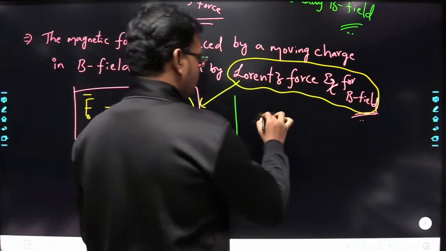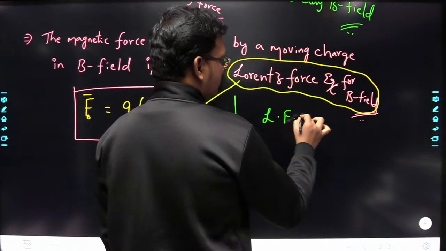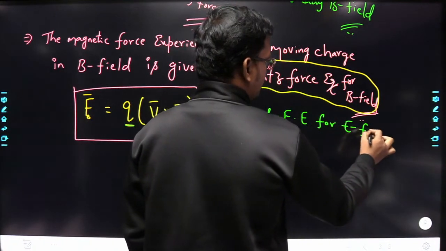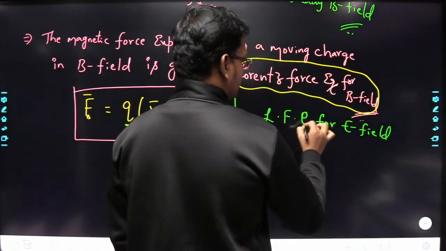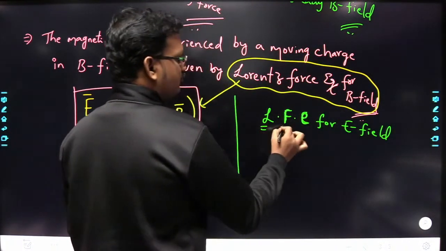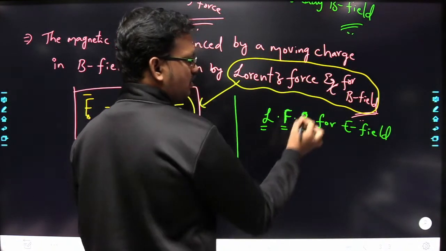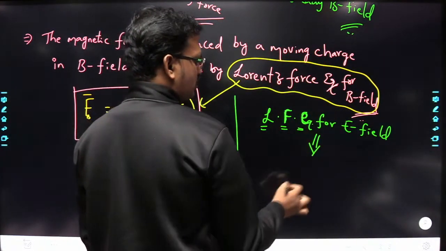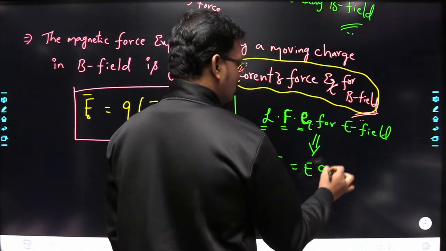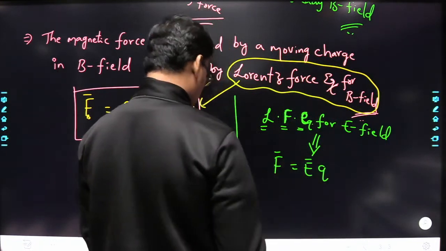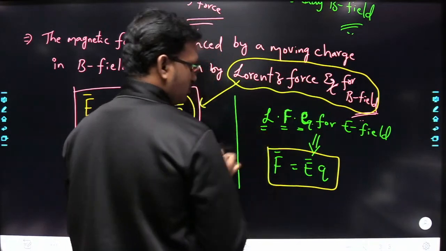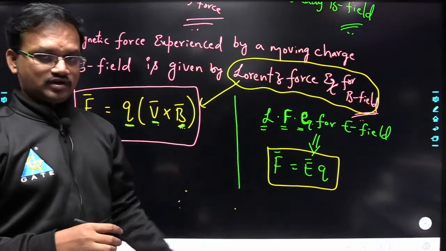The Lorentz force equation for electric field, you already know, is nothing but F is equal to E into Q. So F bar is equal to E bar into Q. This is called the Lorentz force equation for electric field. You know this one? Yes or no?